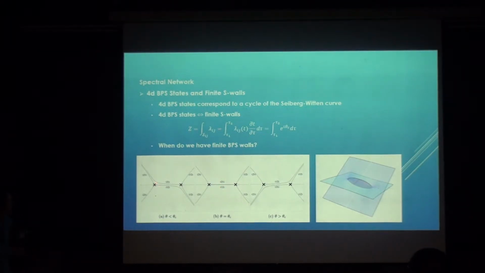In the other case, it all goes to infinity, so it's not a closed cycle. Only in this case does it correspond to some cycle around the branch points.